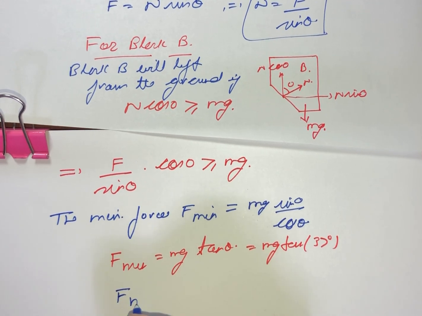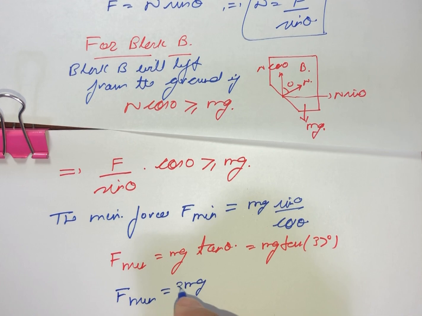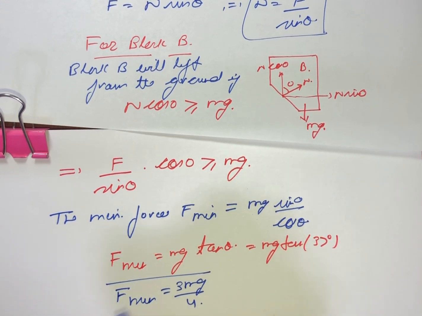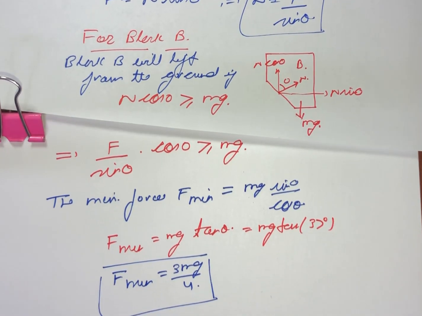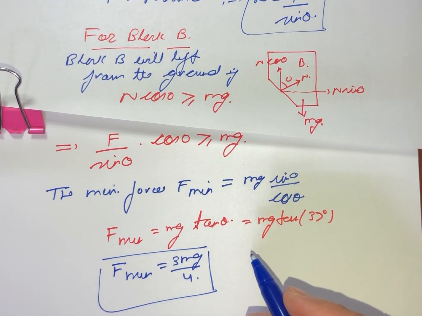So we get minimum force equal to mg times 3 by 4. So this is the minimum value of the force required to lift block B from the ground.